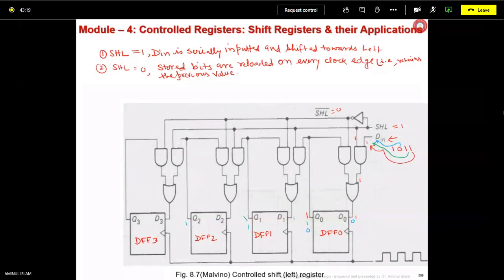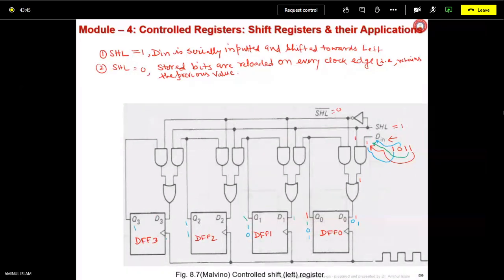Now the last bit is again 1. Last bit means this one. Again 1. When the clock arrives, it gets stored here, and this 0 was here, so it will be 0, and here is 1, so it will be 1, and this is 1, so it will be 1.